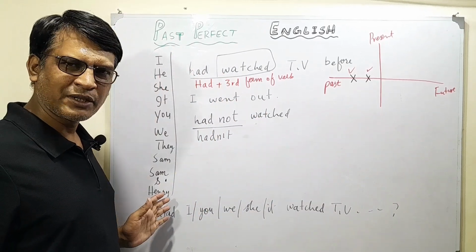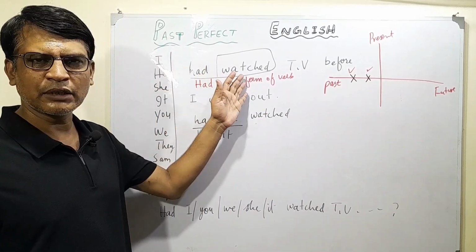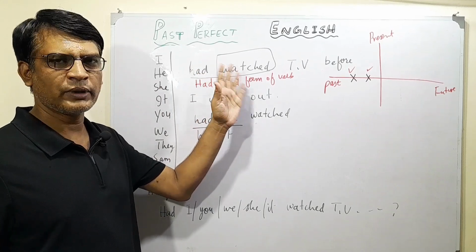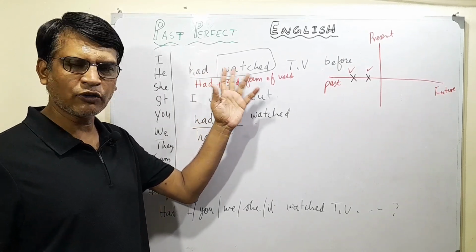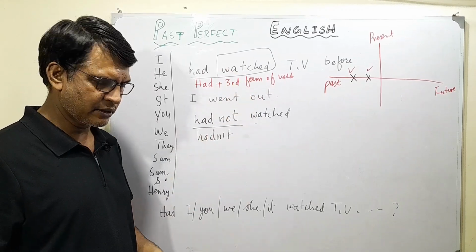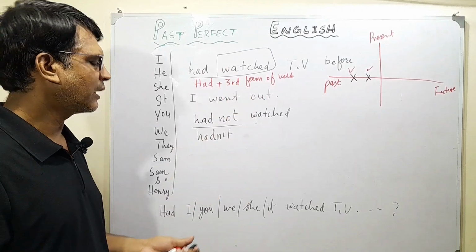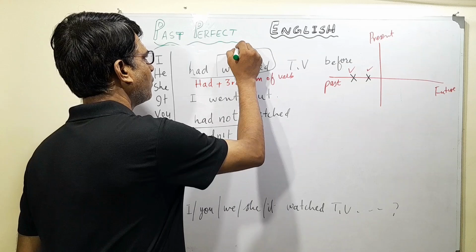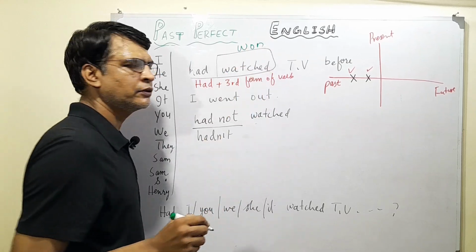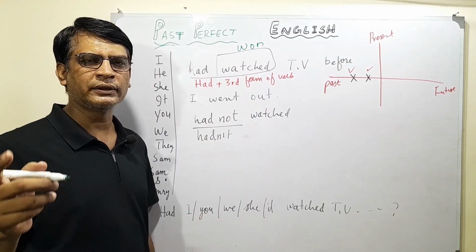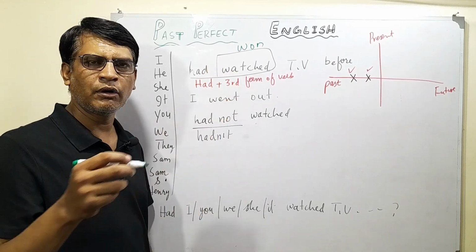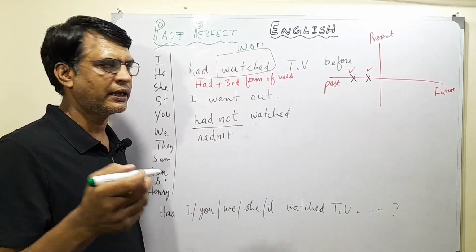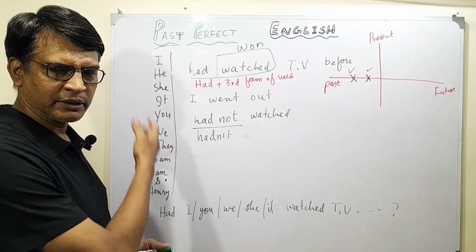With whatever the subject we have, we'll use had plus third form of verb. And for this, we'll have to remember forms of verbs, which are regular forms like this one, and irregular forms like won, for example. If you say, I had won the match, won is the third form of win: win, won, won.